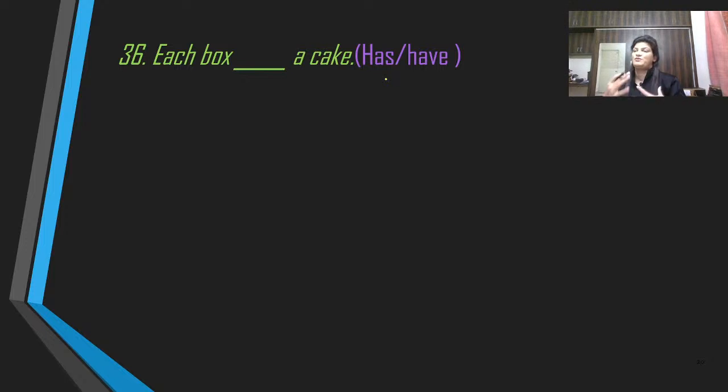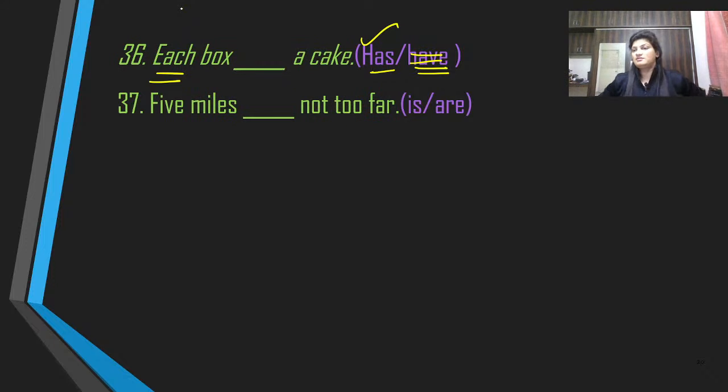Don't worry, I will come up with many types of questions. The options are either has or have. Therefore, the answer is has, because we have a singular indefinite pronoun. That's why has.